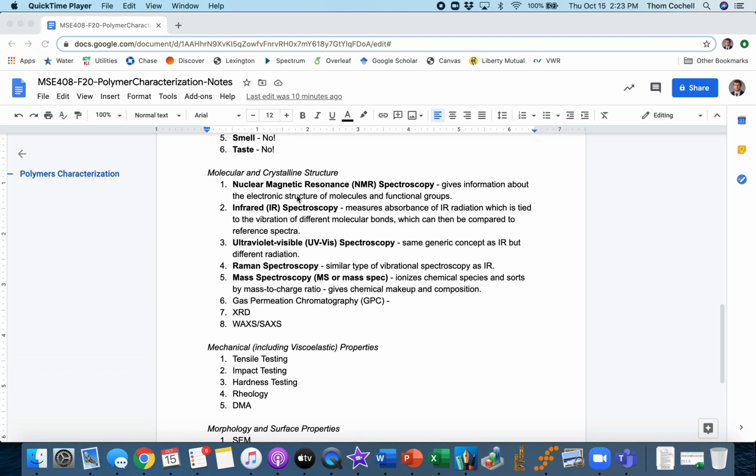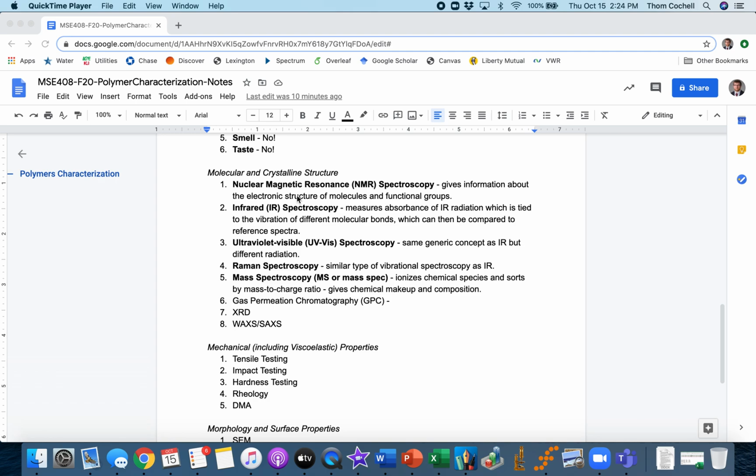UV-vis, or ultraviolet-visible spectroscopy, is similar to IR in those ways. Raman can give you similar kind of vibrational information, so it's a lot of molecular bonds that we have. Mass spec, or mass spectrometry, looks at different ionized species, so it can give you the chemical makeup, so what you have in there, and so that's a really powerful tool.